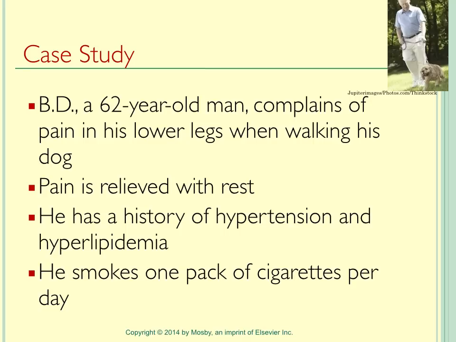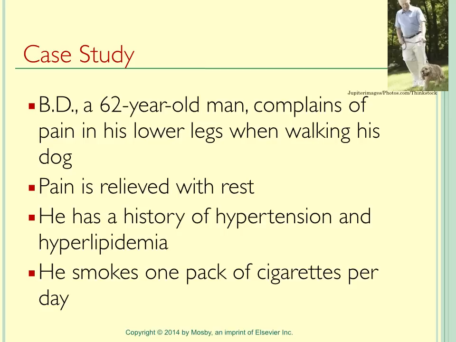So that lactic acid buildup leads to pain, and he has to stop. When he stops walking, this pain goes away. That's why it's intermittent, on and off. He walks, he gets pain, he stops, and he gets relief with rest. So he is actually developing a symptom of intermittent claudication here.